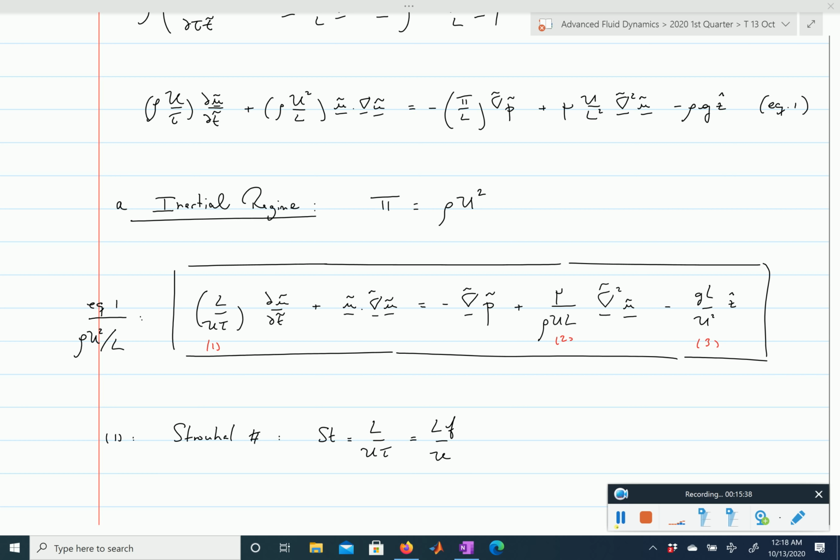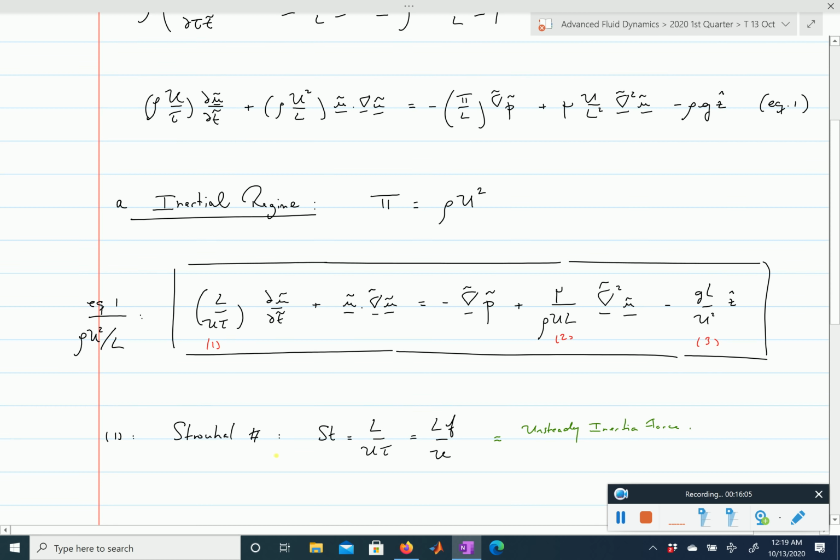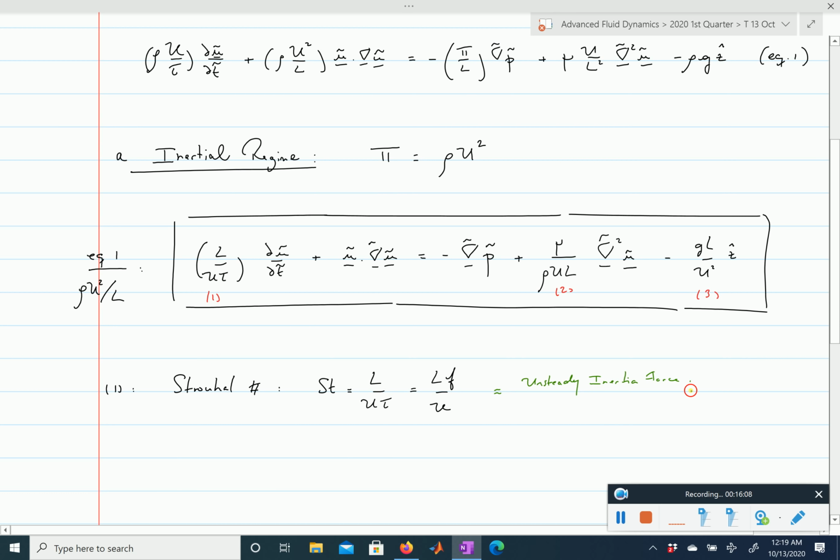So this is one way of interpreting the Strouhal number as a non-dimensional frequency characterizing the unsteadiness inside of your system, your fluidic system. And if you want to interpret the Strouhal number, you can see it as a ratio of two forces, the unsteady inertial force divided by the steady inertial force.